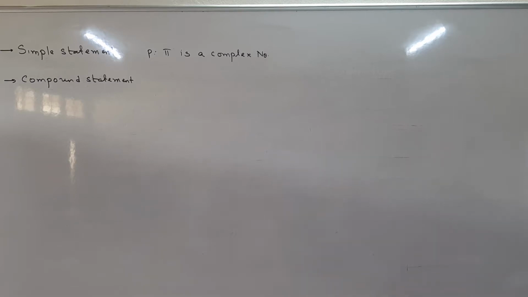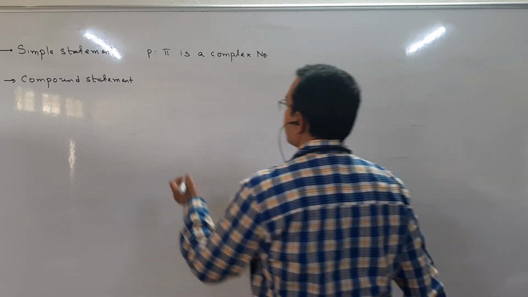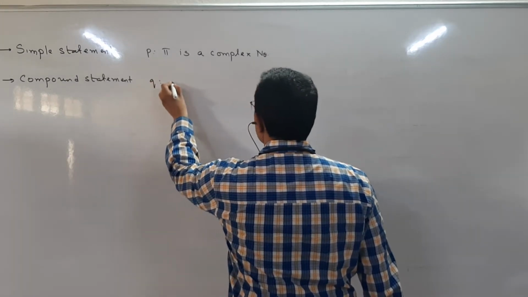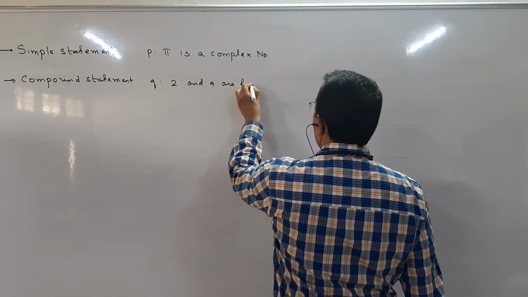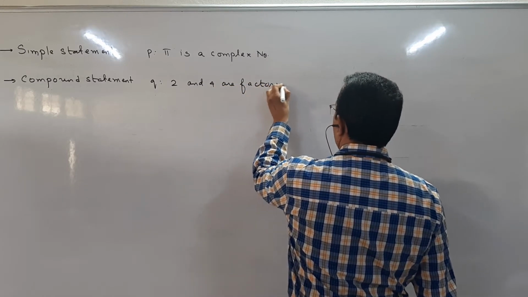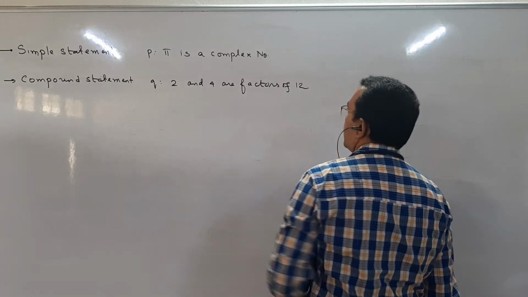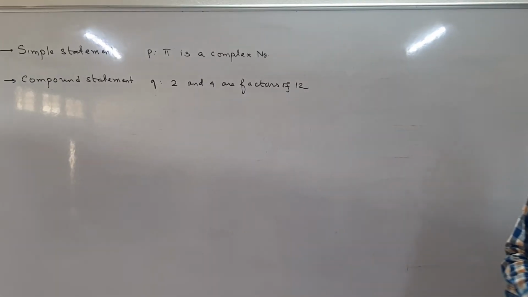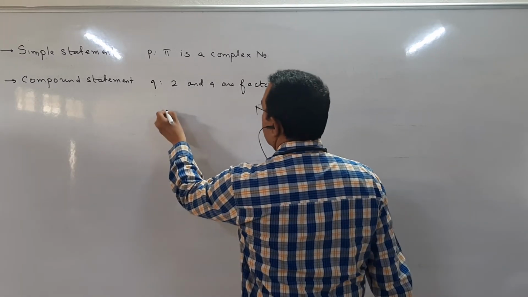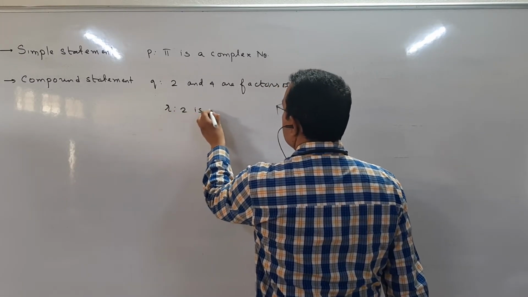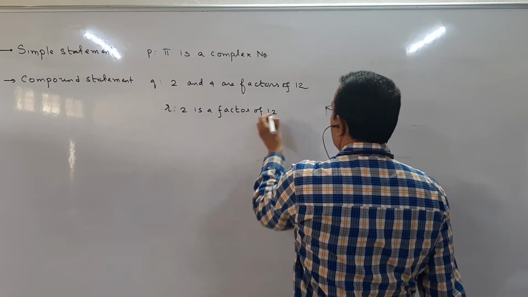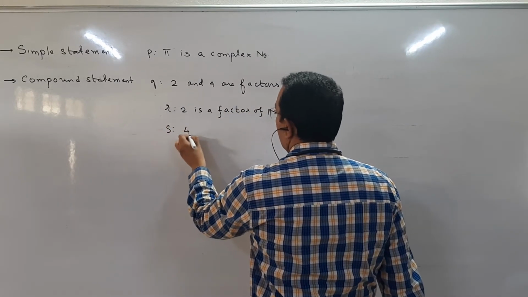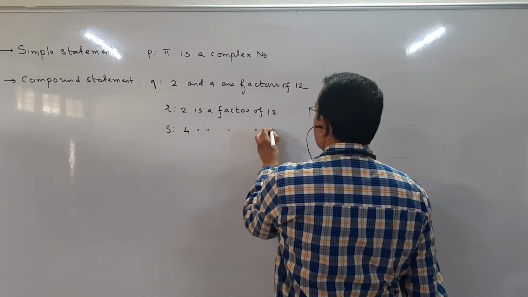Then what is a compound statement? Say I write Q, 2 and 4 are factors of 12. So I can break this into component statements like this. Say R, 2 is a factor of 12, and say S, 4 is a factor of 12.